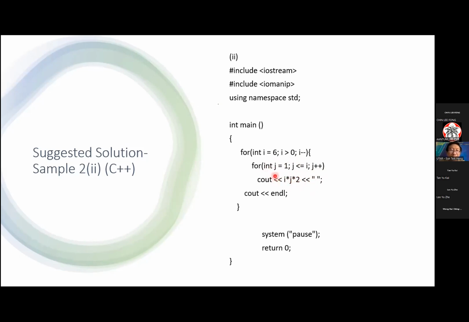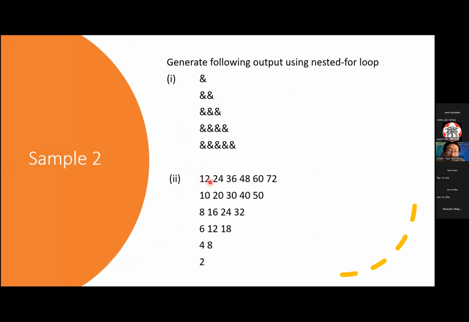So by doing that, for the first line, you get 12, 24, 36, and so on until 72. Okay. So how about the second line?